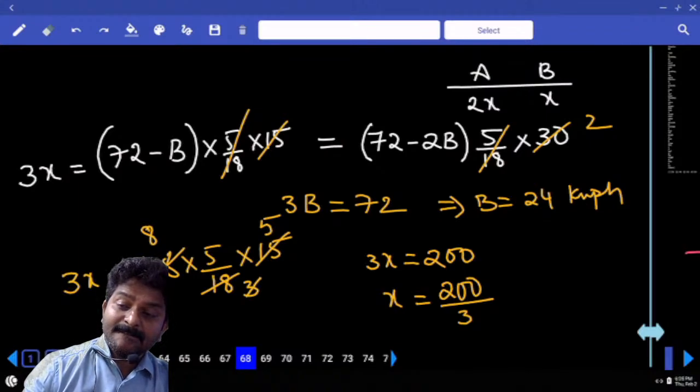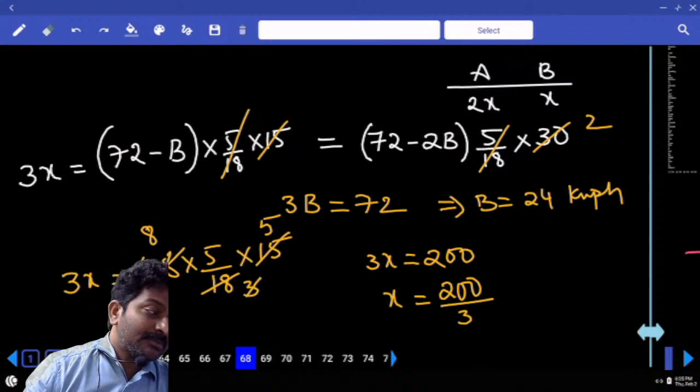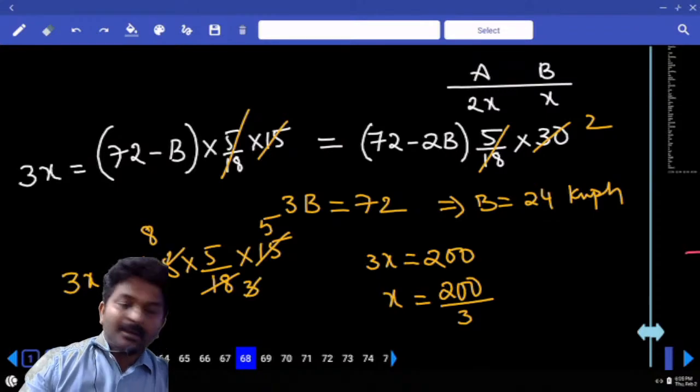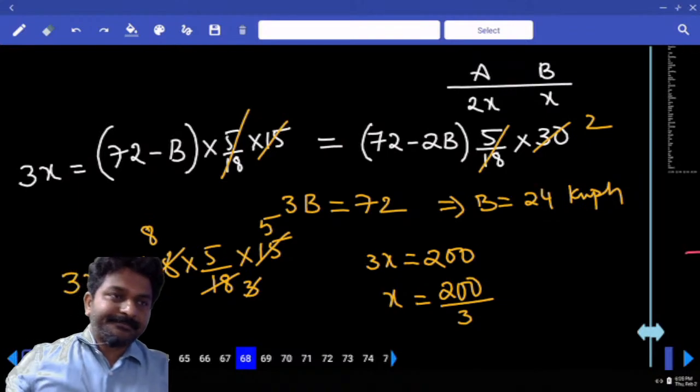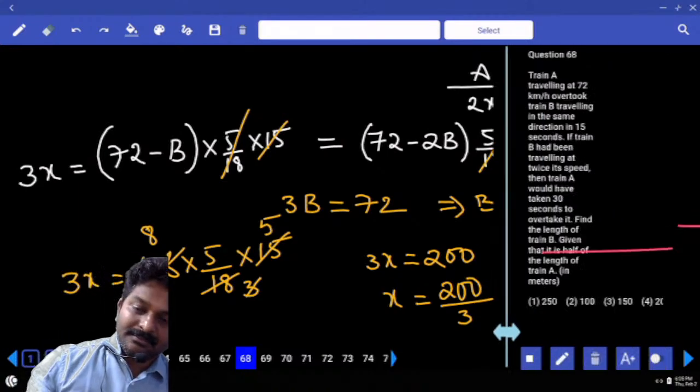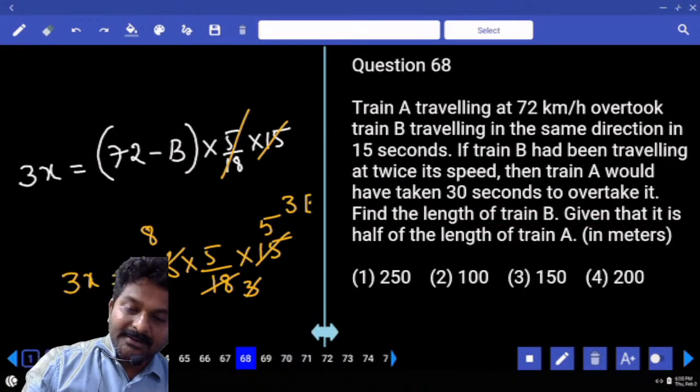Yes, 144, 72, 3b, 24 correct. 24, 48 correct, 5 by 18, yes, into 15. Solution is right, no doubt. Solution is right. Right, next.